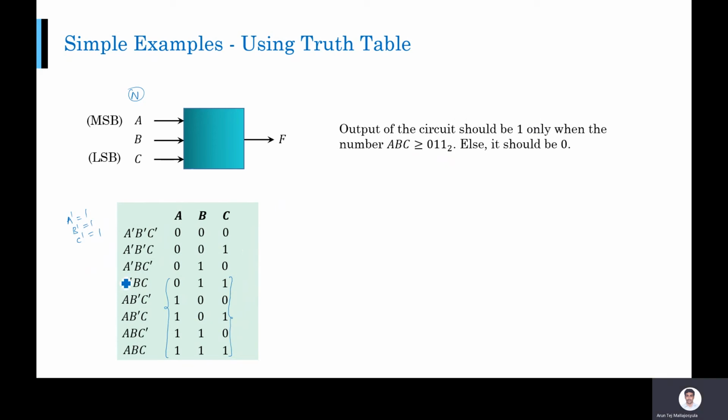Right? So what terms will go into my function then? A dash BC, A B dash C dash, A B dash C, A B C dash, A B C. Okay. If any of these is 1, F should be 1. So therefore my F will be sum of or of all these 5 terms.